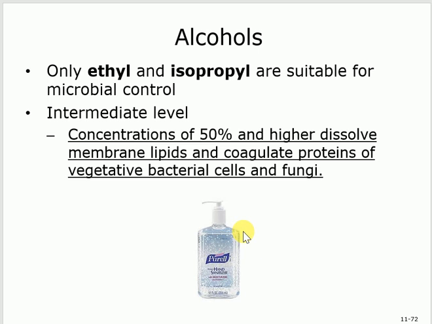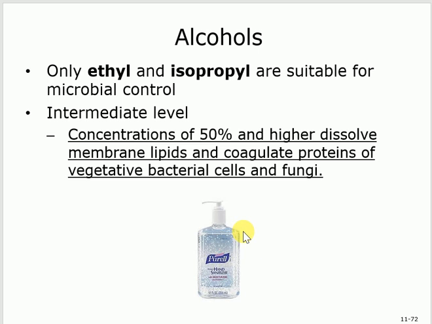How about alcohol? There are different types of alcohol: ethyl alcohol and isopropyl alcohol. These can both be used as antimicrobials, and it's intermediate level. At 50% or higher, they dissolve the lipids and coagulate proteins. This is important to remember.